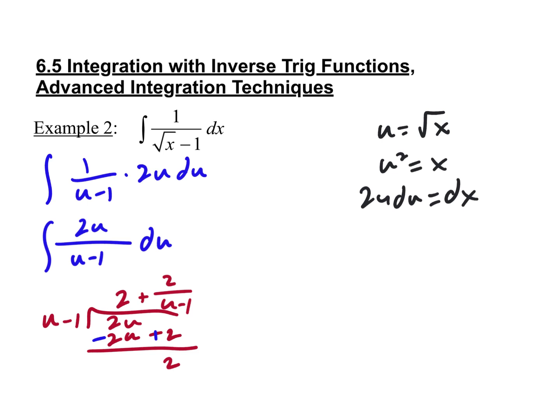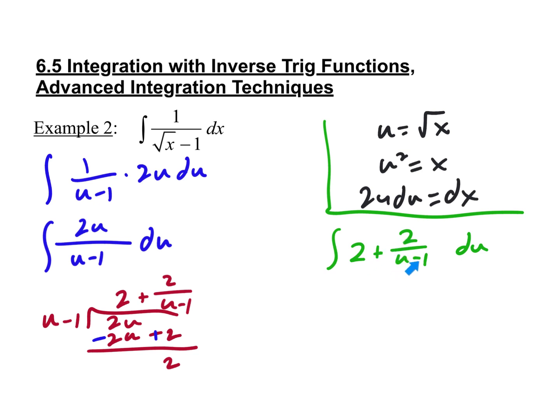Did you get that for your division? So now again, I'm just integrating these pieces, and this will be pretty simple, right? So I've got the integral of 2 plus 2 over u minus 1 du. And this becomes 2u.